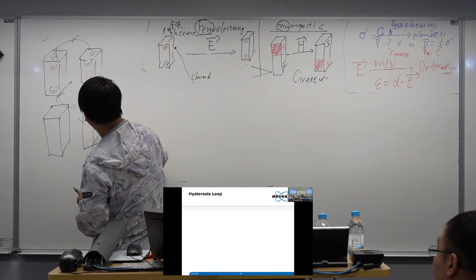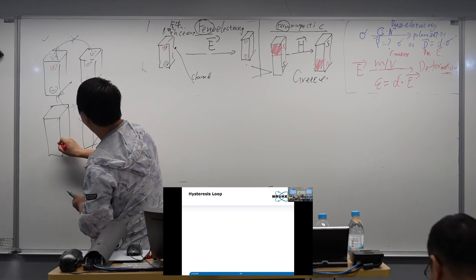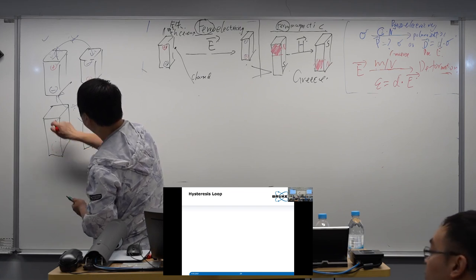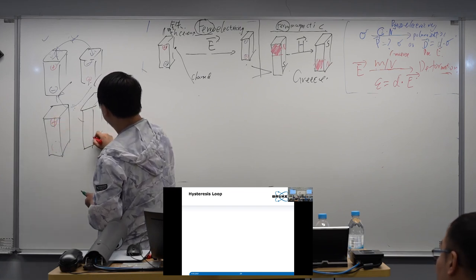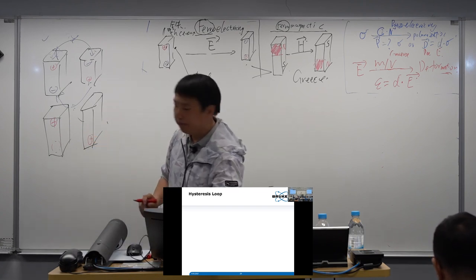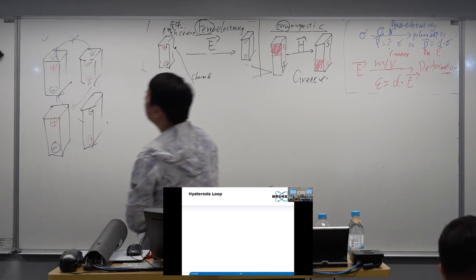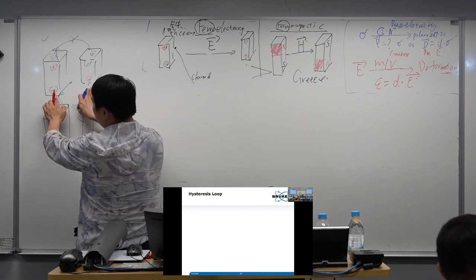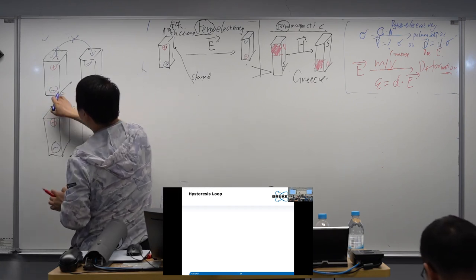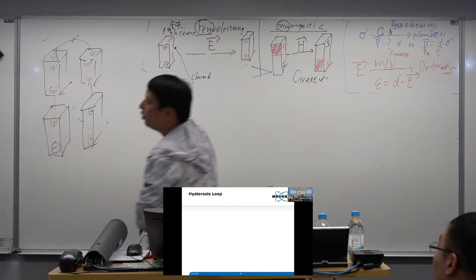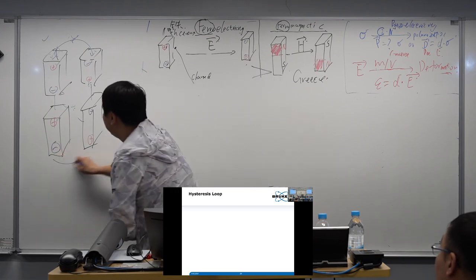They will just form in this direction. So this electric field will just be in between, right?